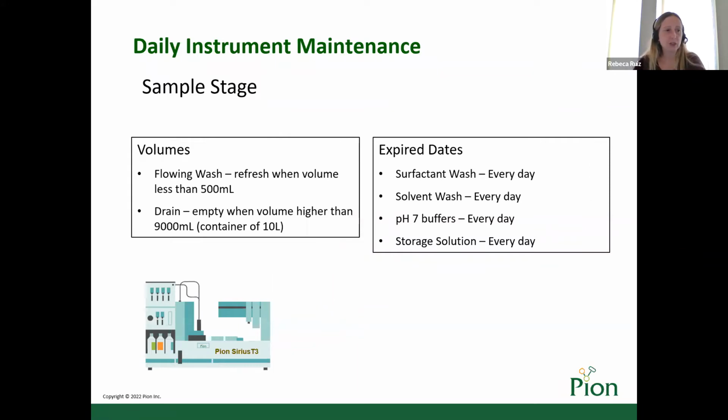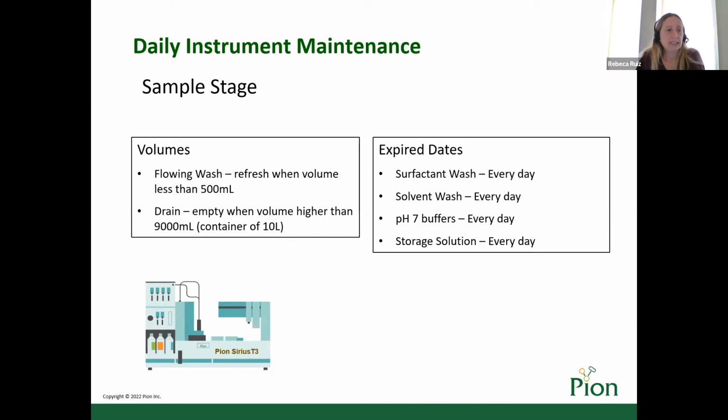This slide shows how the reminders are set up for the sample stage. It's by volumes and expire dates. The volumes are defined in a different way from the dispensers, as the sample stage contains the flowing wash and the waste reservoirs, which are connected to two containers usually placed on the floor below the instrument.